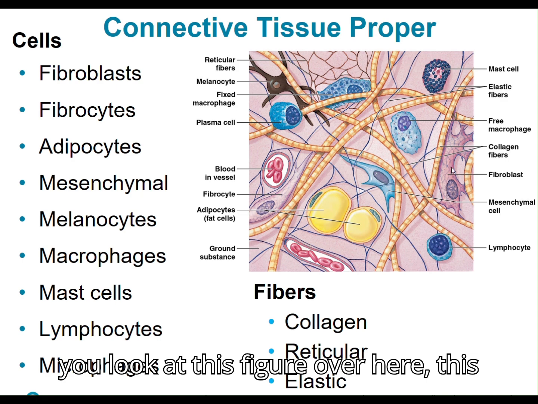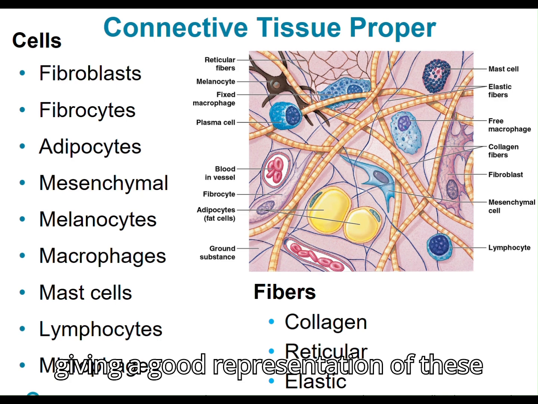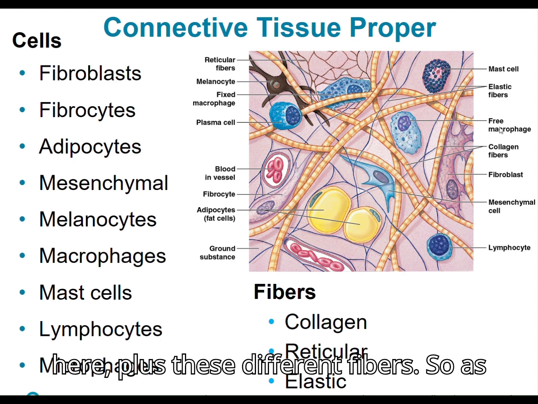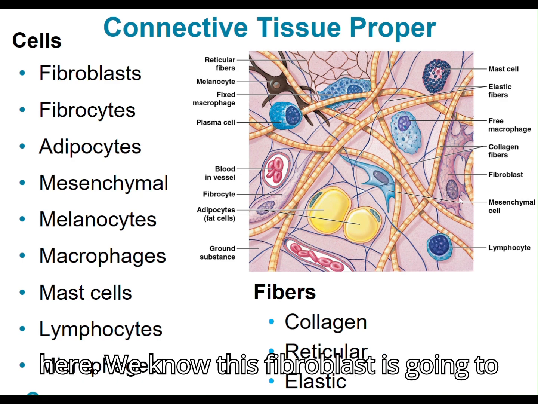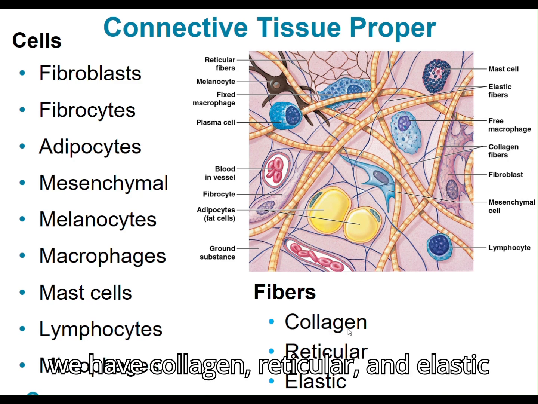Now, if you look at this figure over here, this is not something that I would expect you to label on a test or anything, but it is giving a good representation of these different types of cells that we have in here, plus these different fibers. So as you can see here, this is a fibroblast. We know this fibroblast is going to be active in creating the different fibers we have. And so notice the fibers. We have collagen, reticular, and elastic fibers.